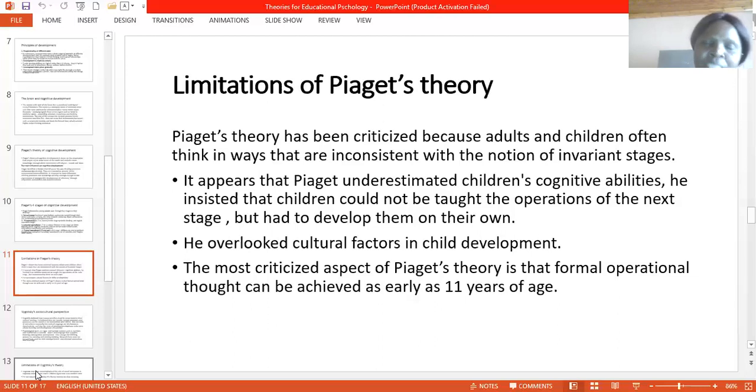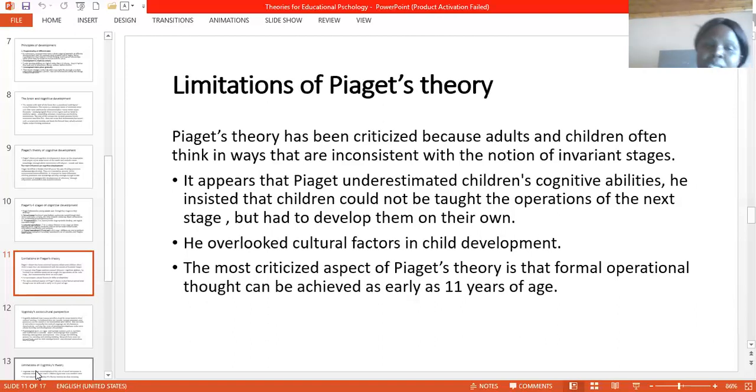He talks about the stages of development. The first criticism he gets is that he underestimated the children's cognitive abilities.